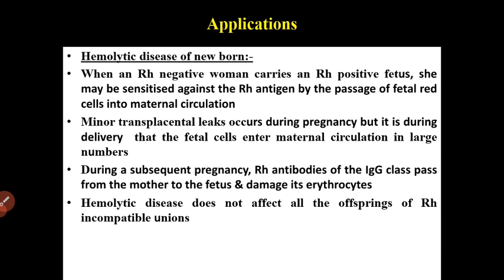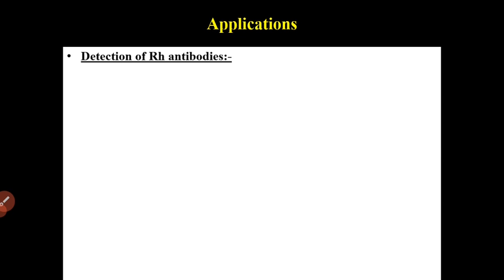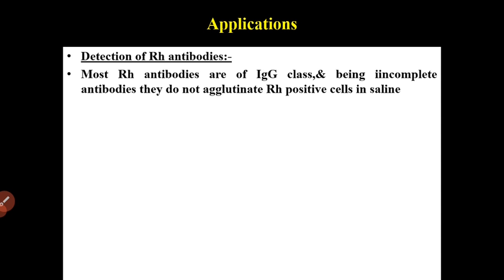Next, detection of Rh antibodies. Most Rh antibodies are of IgG class, and being incomplete antibodies, they do not agglutinate Rh positive cells. Fine. And in a minority, IgM class antibodies are present, and these are not relevant in the pathogenesis of hemolytic disease as they do not traverse the placenta.